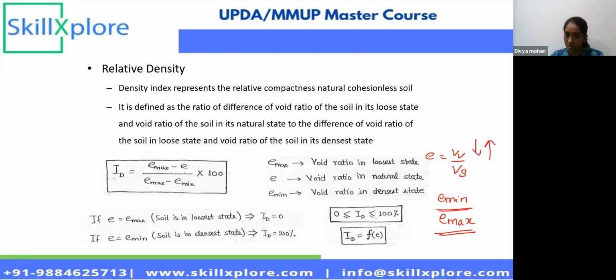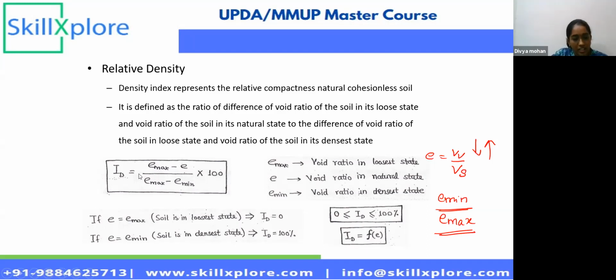By defining these extreme limits, they are locating the natural condition of a soil. So e is a value which has to be in this range of e minimum and e maximum. They are dividing this range into 100 parts, and giving us an idea of how dense the soil is in its natural condition.